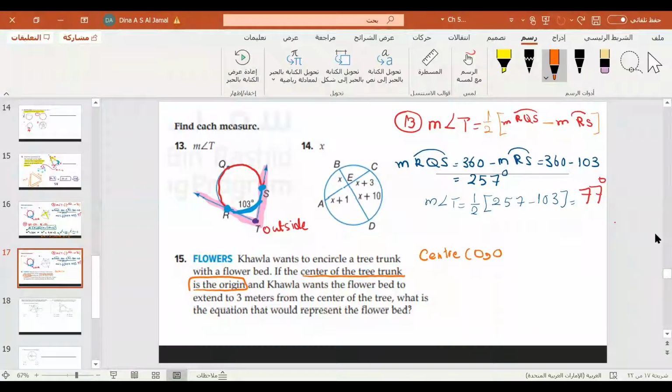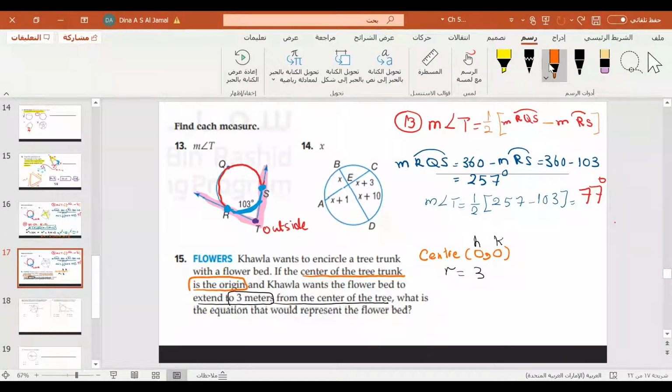It is the origin, 0 and 0, and you know the center is h and k. She would like to extend it to 3 meters from the center. What do I call the measurement from the center to any point on the circle? It is your radius. That means she gave you the radius indirectly.